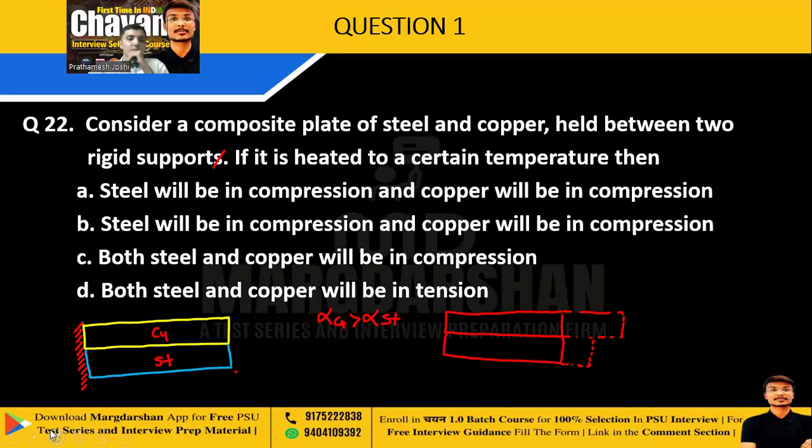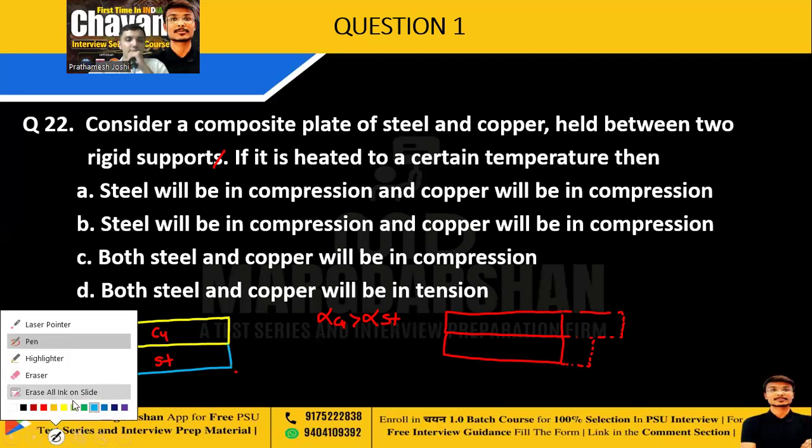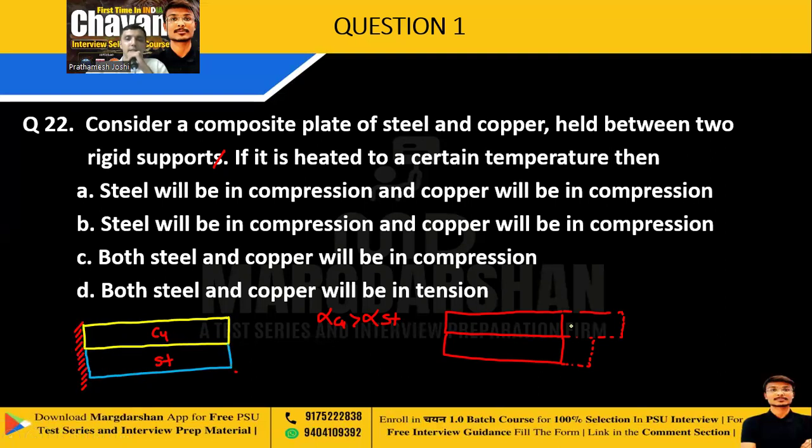Now at the end, when it is heated, it will come to a final temperature, final length somewhere here. See, the copper was expanding till here, but it is now expanding till here. So this is compressed this much. And steel was just expanding till here, and now it is expanding till here. This is tension.